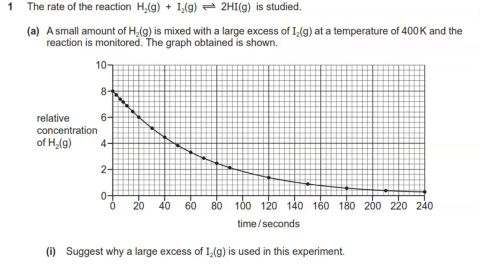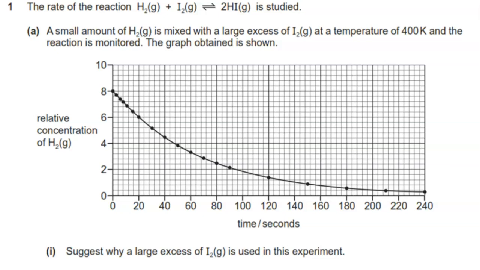So you can see relative concentration of hydrogen is plotted against time, and the concentration of iodine is taken in large excess. And the question is, suggest why large excess of iodine is used in this experiment. So whenever we take large excess of one of the reactants, we need to make it constant.